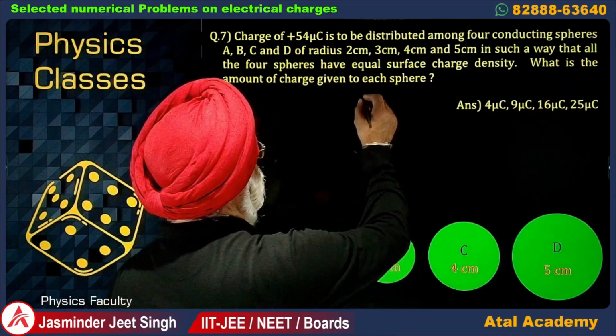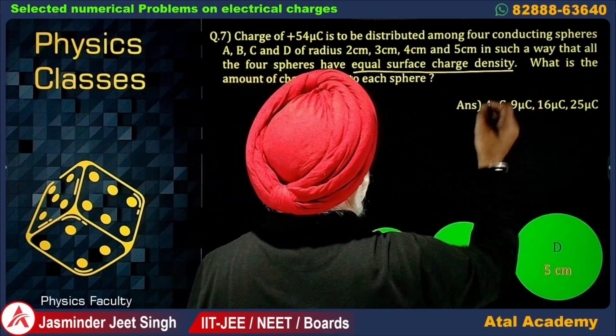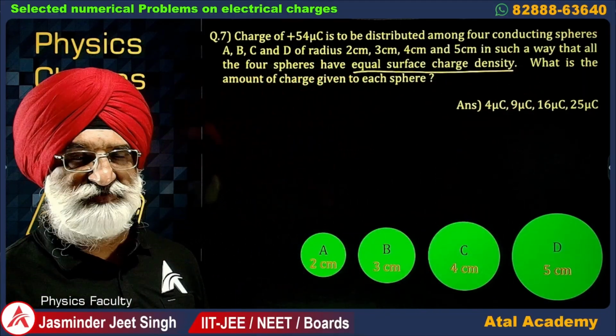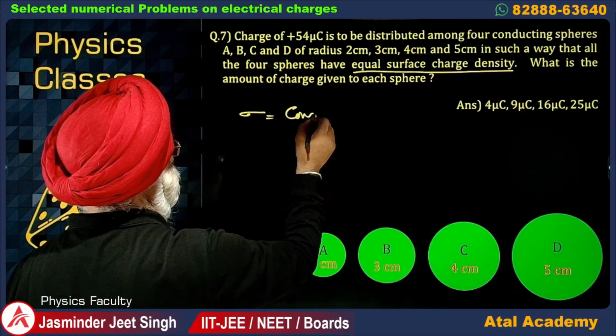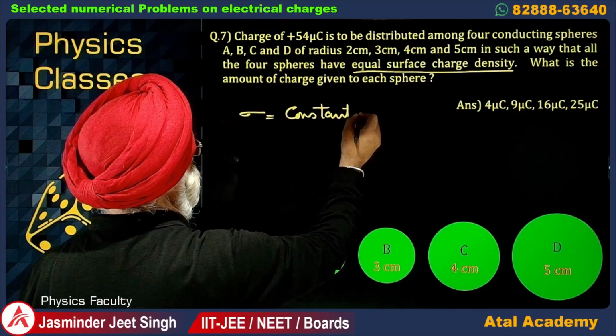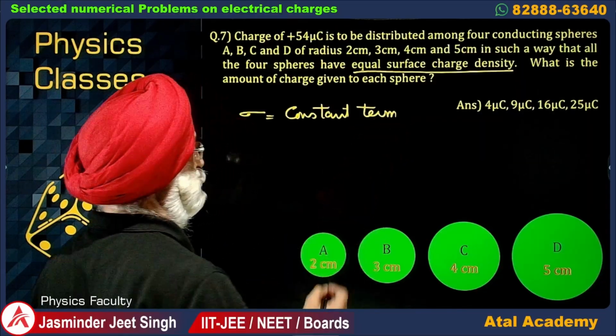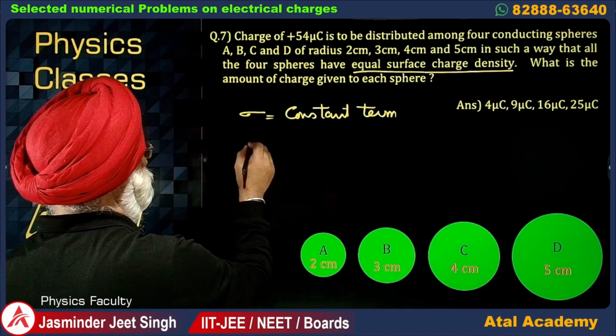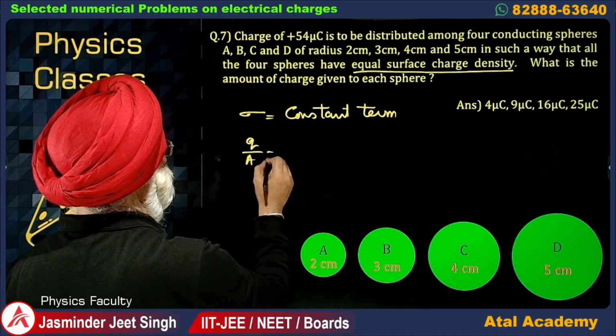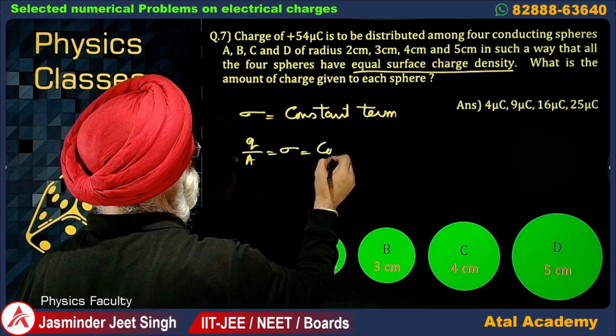Since they have said that the surface charge density will be same on all the 4 spheres, that means sigma is a constant term. Sigma, the charge per unit area, is constant.